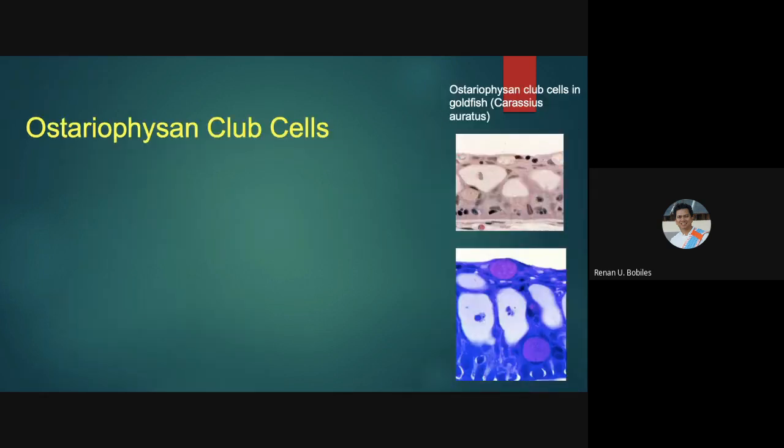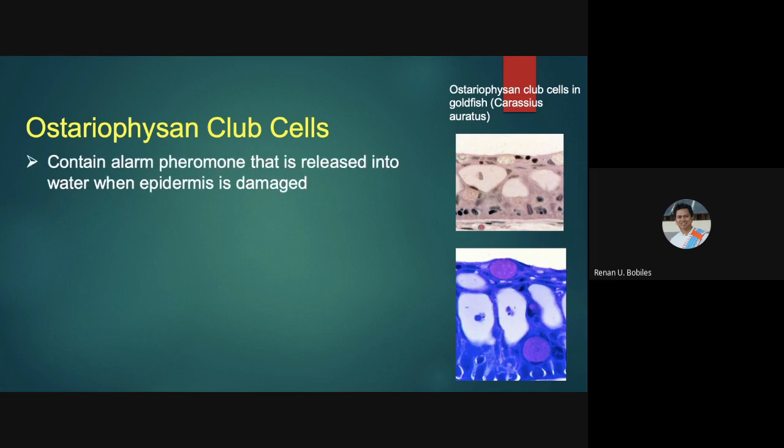So ano ang role or function ng Ostariophysian club cells? So it contains alarm pheromone that is released into the water when epidermis is damaged.